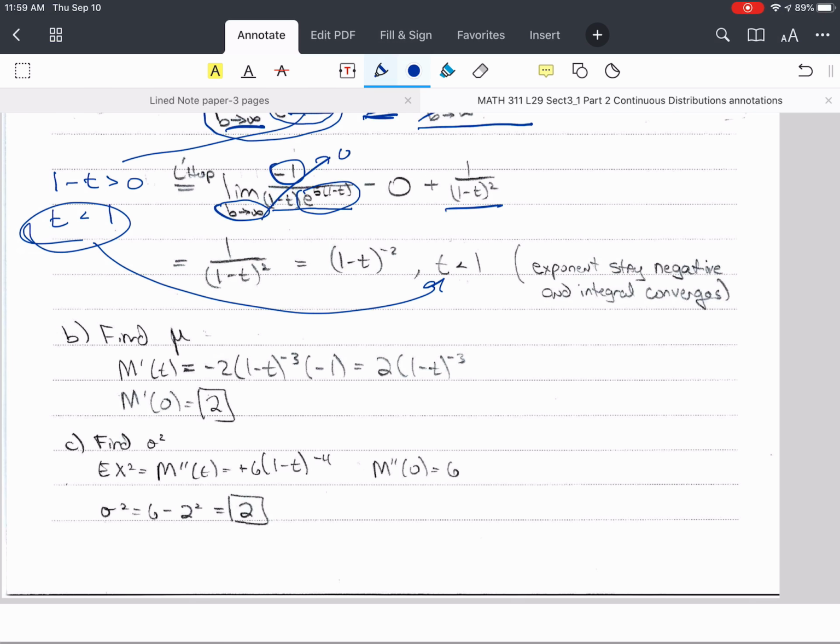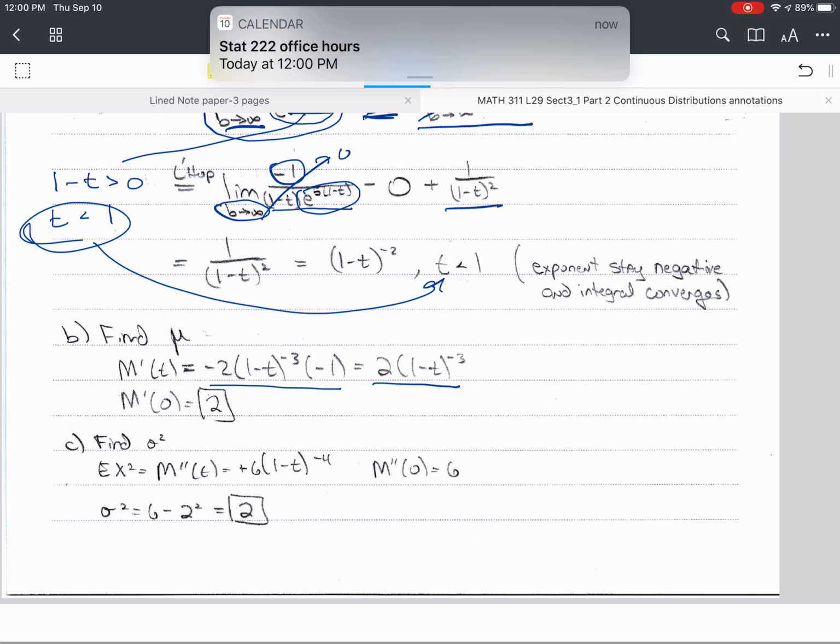Once we have the moment generating function, we can find mu by taking its derivative. I've done that here. We go to here, we plug in 0 for t, and we end up with 2. I did the same thing with sigma squared. I take the second derivative, I get this expression, and the second derivative at 0 is 6. And then I plug in for E of x squared minus E of x quantity squared, and I get 2 for my variance.